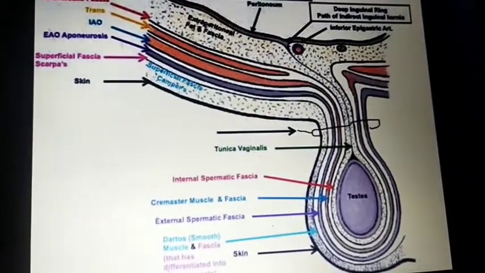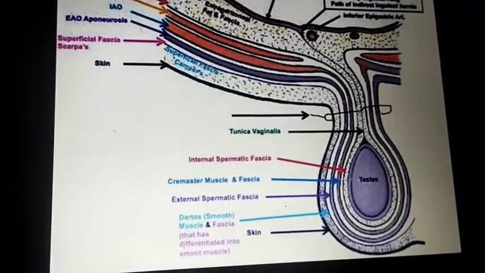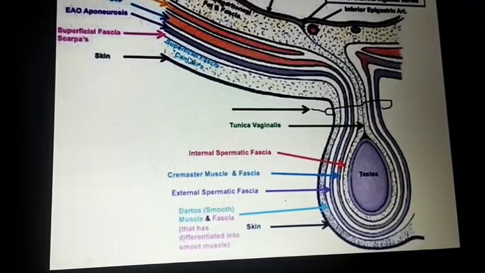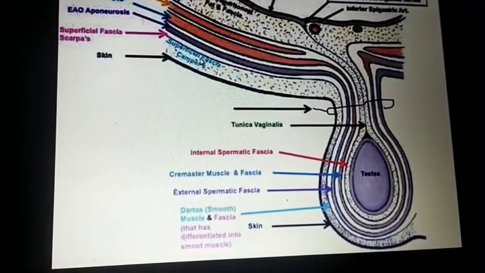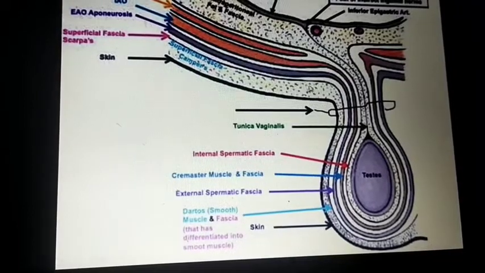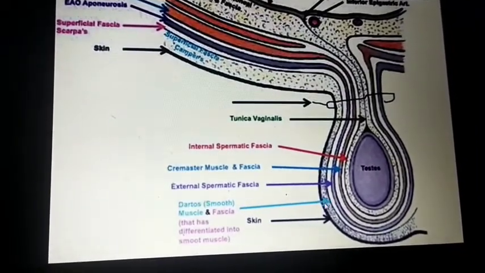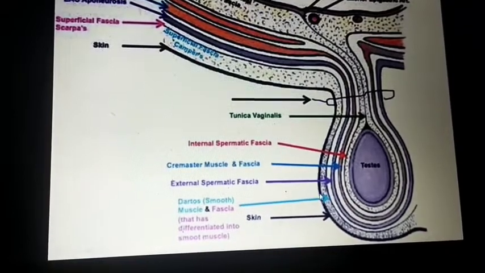In this picture you can easily make out. This is the superficial fascia, Camper. Okay, this is Camper, it forms the dartos smooth muscle and fascia.